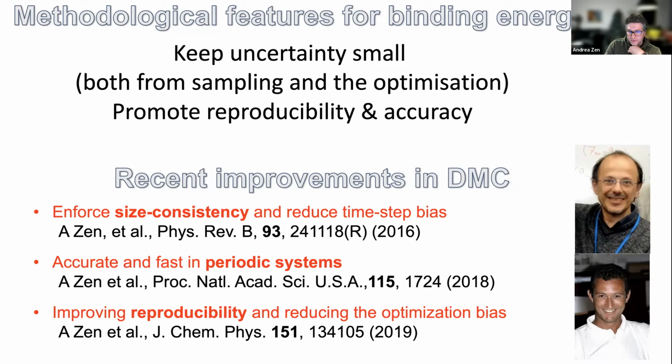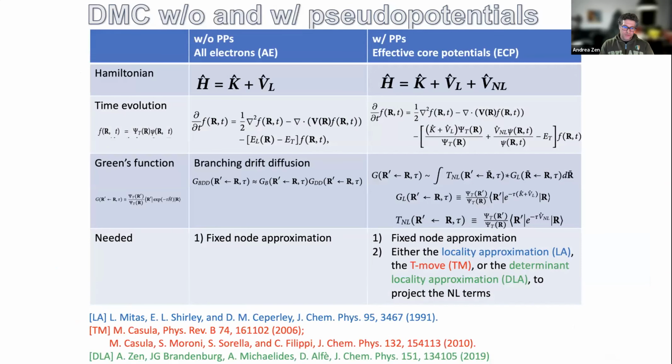So I have done a few works in the past to try to make DMC more feasible for this kind of non-covalent interaction evaluation. And the last of these works has to do with reproducibility and the use of pseudopotentials, so I would like to briefly mention this. If we have all electrons, the Hamiltonian is simply a kinetic term and a local potential.